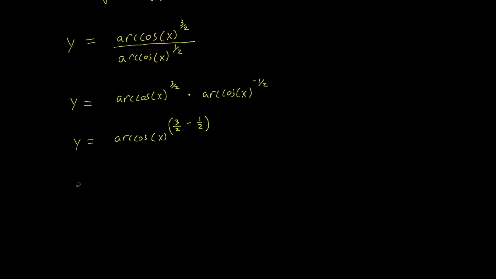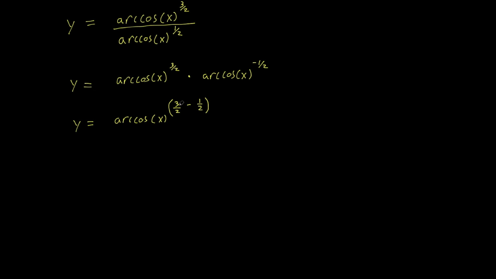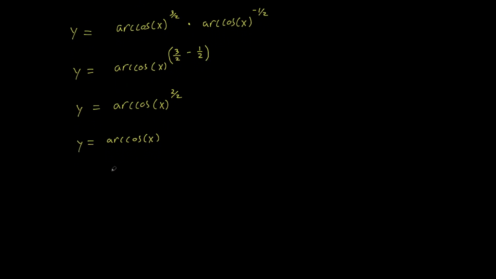And 3/2 minus 1/2 is going to be 2/2. So we can rewrite as arc cosine of x to the 2/2, which is just equal to y equals arc cosine of x to the 1, because 2 over 2 is equal to 1, so we can just forget about that because that is just arc cosine of x.